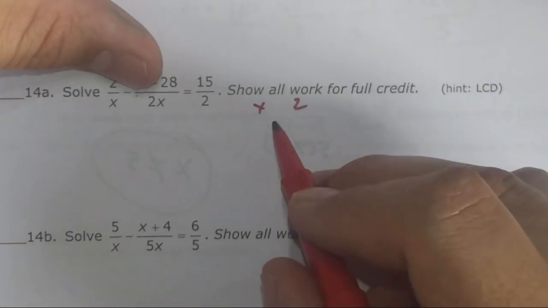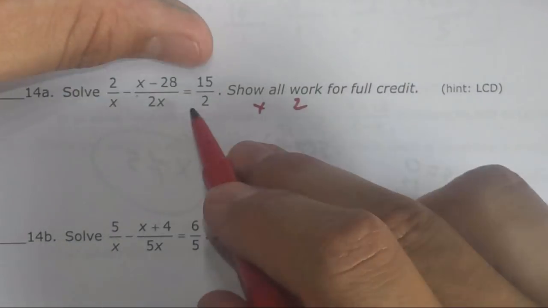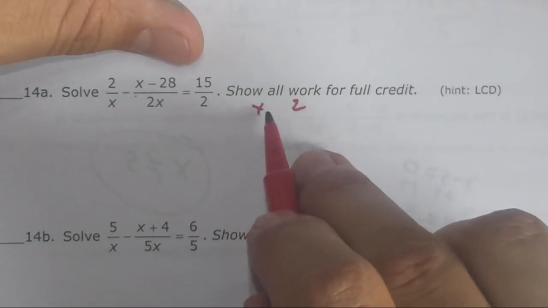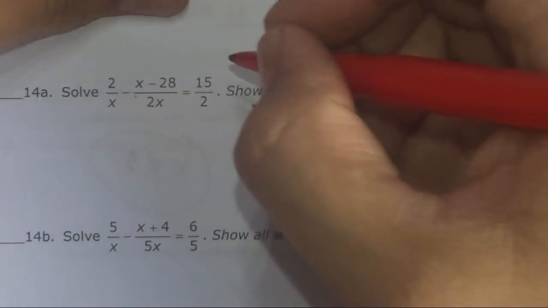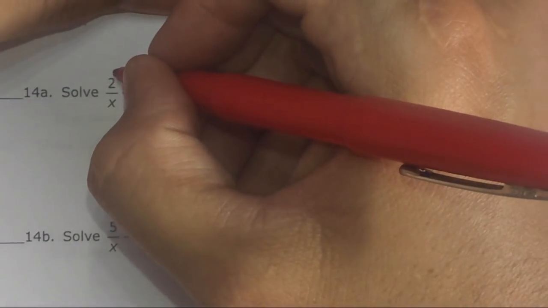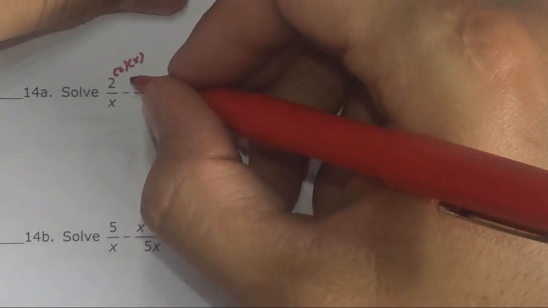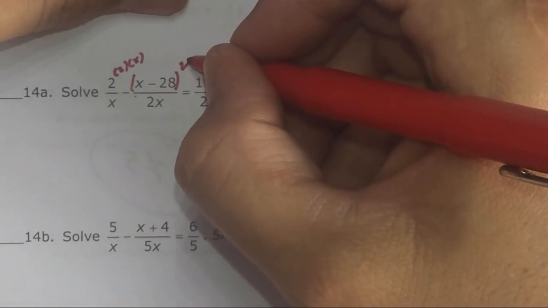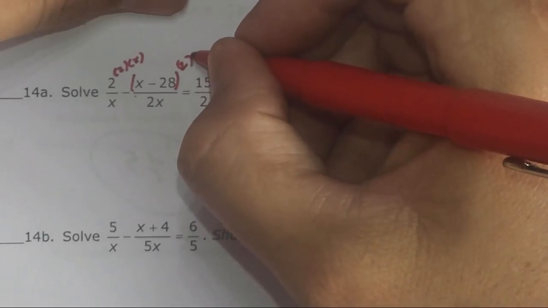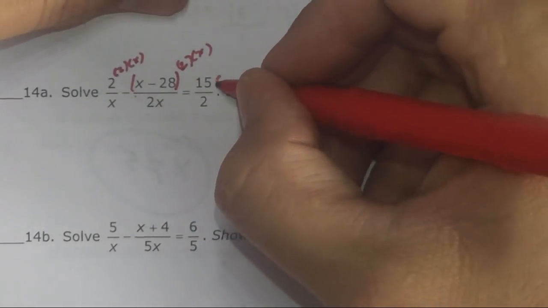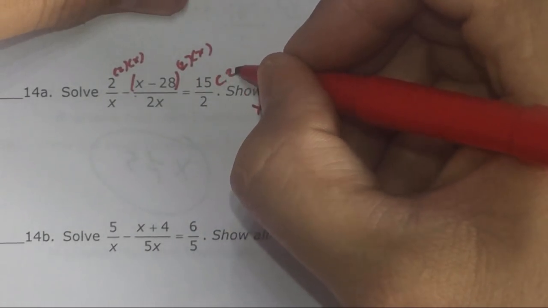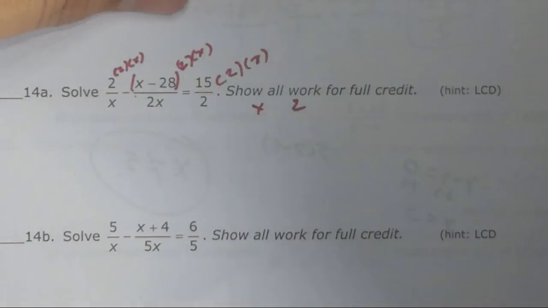We already have an x, so I keep it listed. And 2. Alright, so my least common denominator is 2x. So I need to multiply everything by 2x. 2 times x. All of this times 2 times x. And then this times 2 times x.